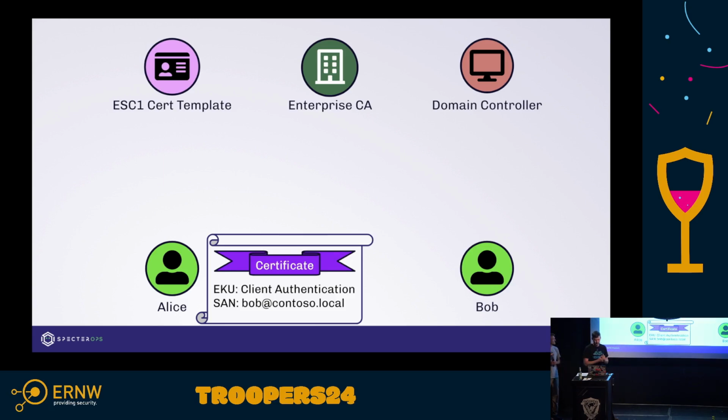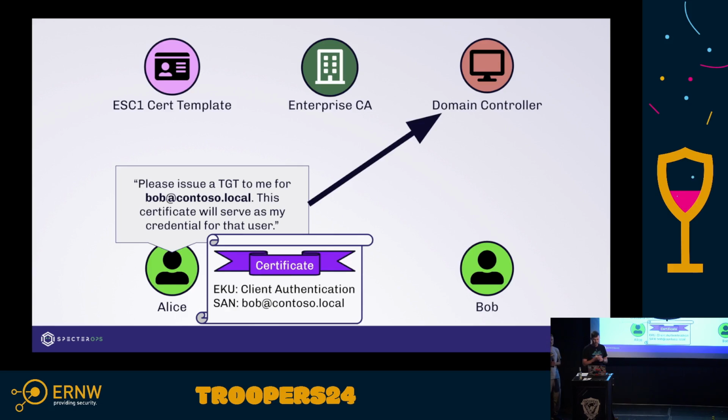One example is client authentication. Then, with that certificate, Alice will present it to the domain controller and say, I want a TGT as Bob, and this certificate serves as my credential, as my proof that I am allowed to authenticate in the domain as Bob.